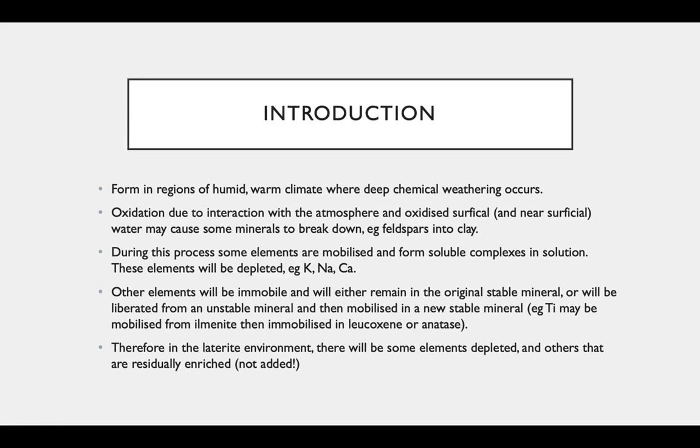So we might leach things like potassium, sodium, and calcium, and we might have a residual enrichment in things like titanium, aluminium, nickel, or even gold or PGEs. So it's that residual enrichment that can actually concentrate a fairly standard rock type into a high-grade ore for aluminium. It's a bit of a play on this, and that's dependent on the weathering environment.